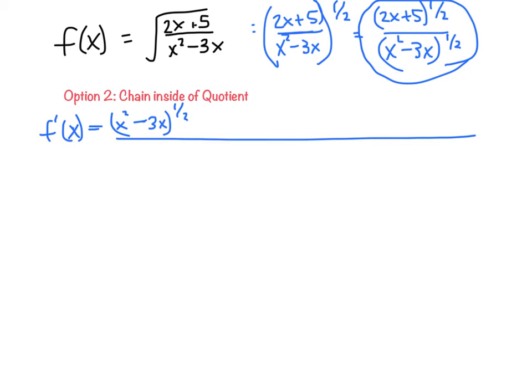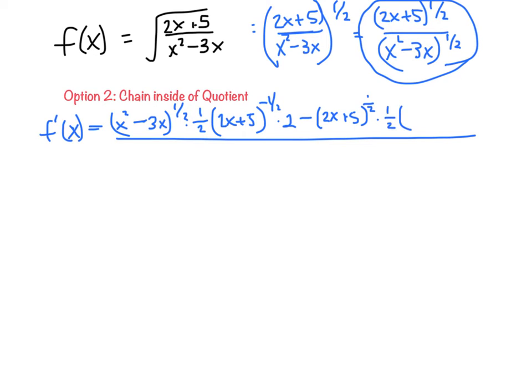D high. So now I want the derivative of my numerator, which would be 1/2, keep the inside, 2x plus 5, drop my exponent, so to the negative 1/2, times the derivative of the inside, which would be 2. Minus, so that's my low, d high, minus high. Keep 2x plus 5 to the 1/2. D low, so same thing.